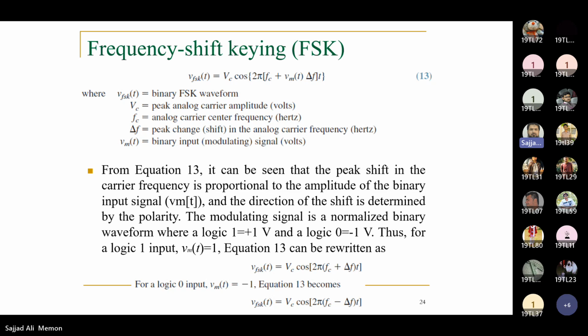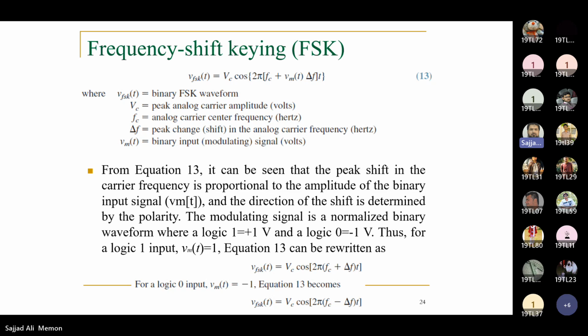Thus, for a logic 1 input, Vm of t is equal to 1, and equation 13 can be rewritten. In one case, when it is logic 1, that is plus 1, it will be fc plus delta f. So that is a positive shift in frequency.